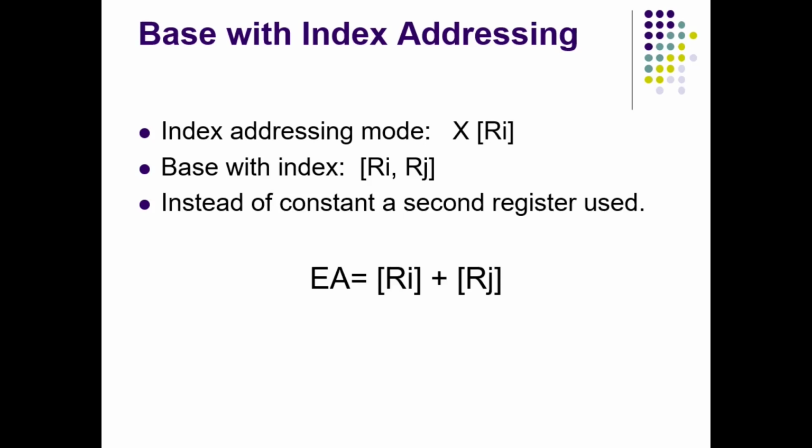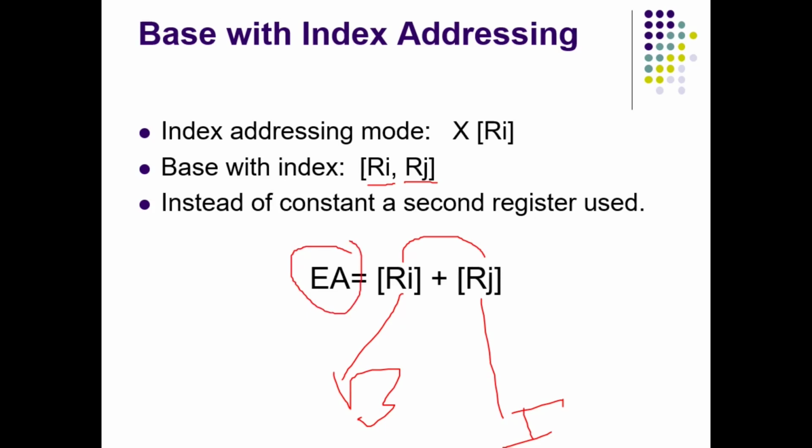That means I am using two registers. One is called base address and one more is called index address. Both register contents are added together to find out the effective address.